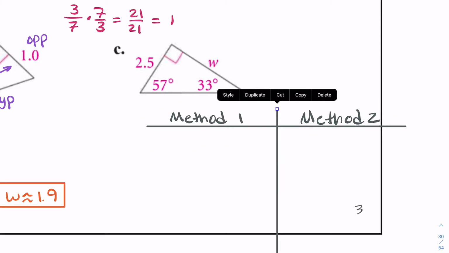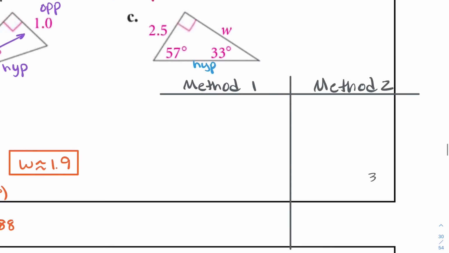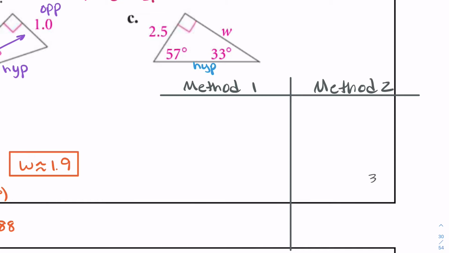Here's the thing. This will always be your hypotenuse. But depending on what angle I pick, the opposite and the adjacent will switch. So for this one, for 33, this will be my opposite.